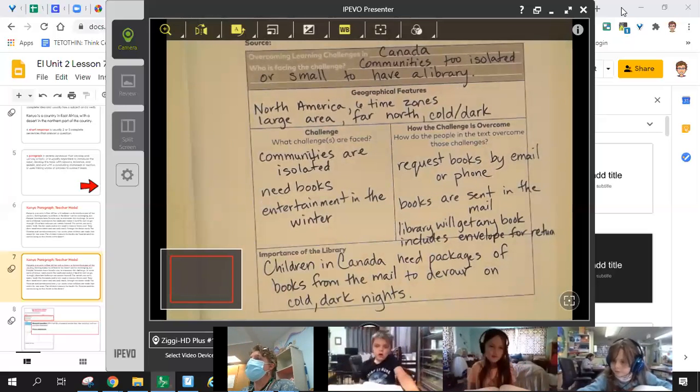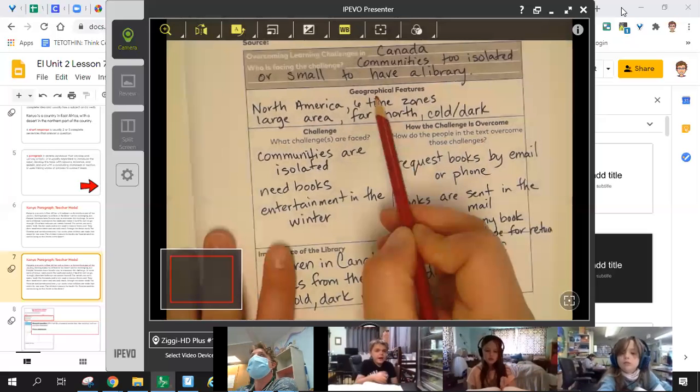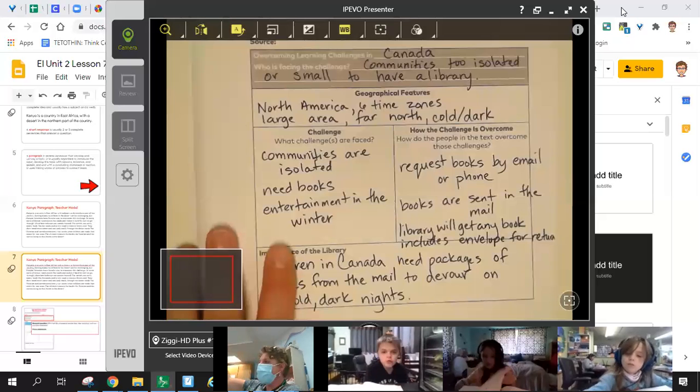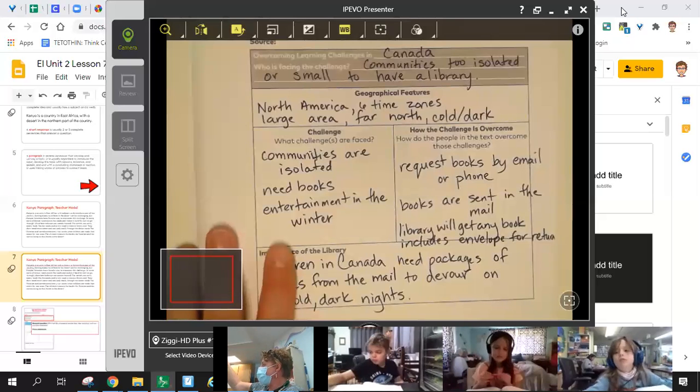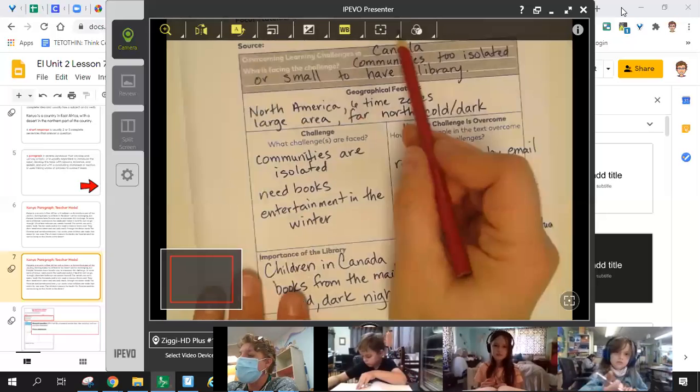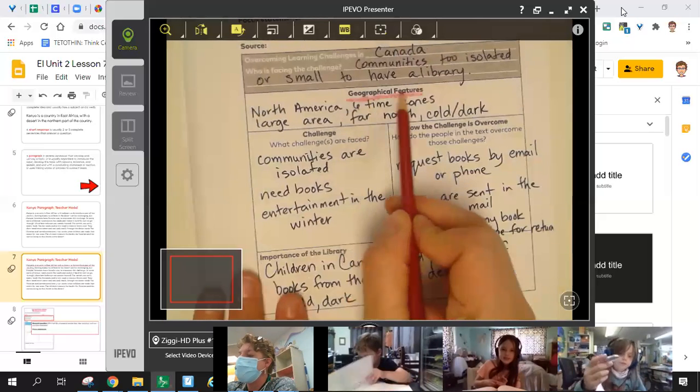What sentence did we start with on the other one? What color did we start with, Paxton? We started with the geographical features. The red was our introductory. So take your red pencil. Everybody get your red pencil. And then on page 44 with your place, you're going to underline geographical features.